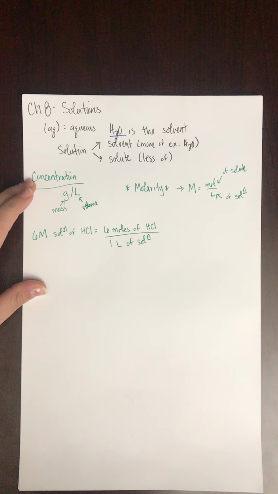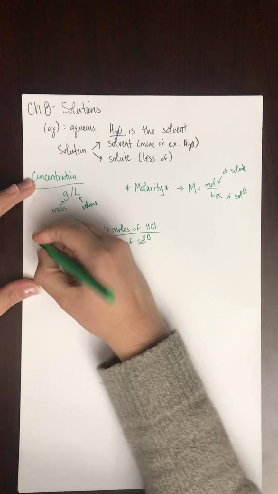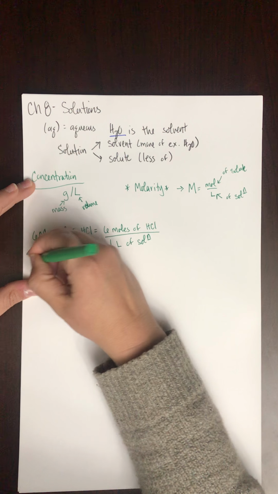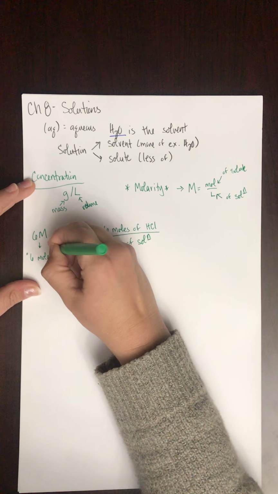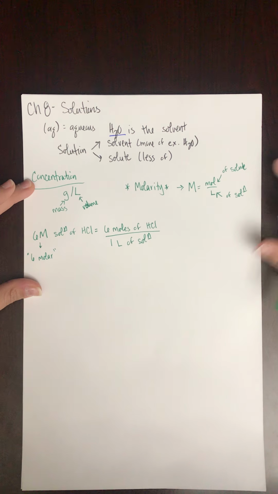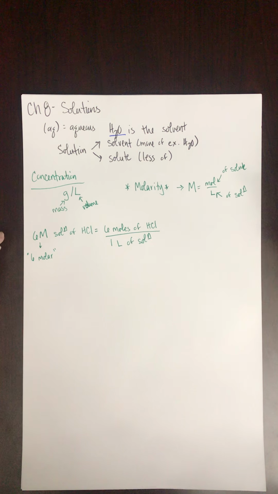So that's what this means. When you see this 6M, you would say 6 molar out loud. You wouldn't say 6 molarity.